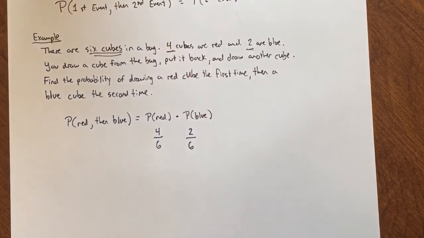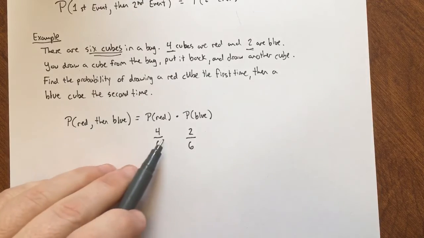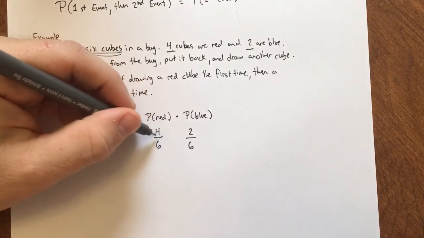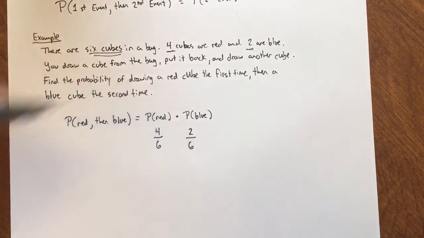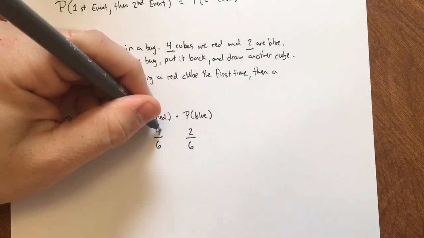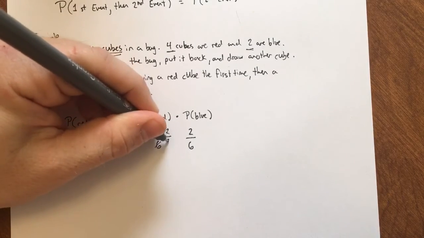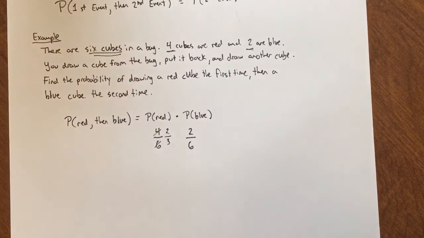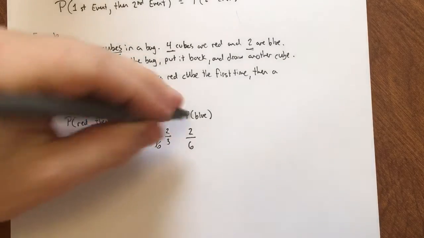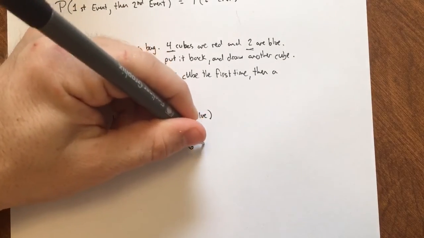There you go. Now, of course, one thing you can do to make the math a little easier on you before you multiply, if you would like, you can reduce both of these ratios down and then multiply them together. As a matter of fact, let's do that because that'll just make our world a whole lot easier. So 4 over 6 is the same thing as 2/3. 2 over 6 is the same thing as 1/3.